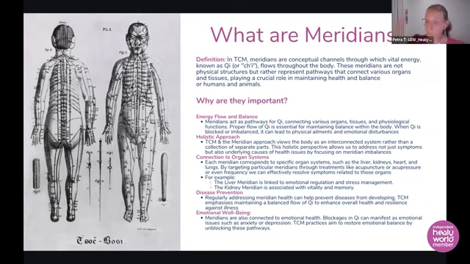And if we have a proper flow, meaning things move normally like a river would normally flow, it's maintaining our well-being and energy, because we know when we lack energy, we lack vitality.